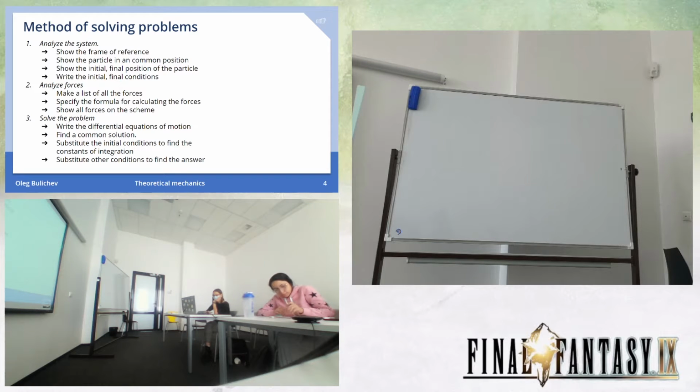We may also say that in some cases we have not only forces but also kinematics. Now we are working with a particle, so we do not have kinematics itself, but later when we work with mechanisms, we also need to consider kinematics.